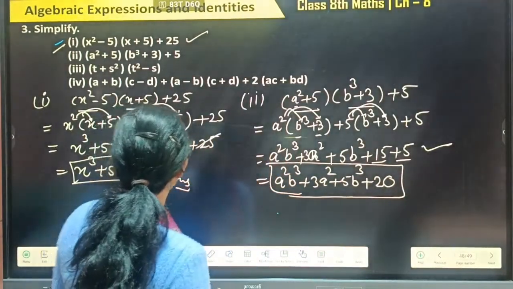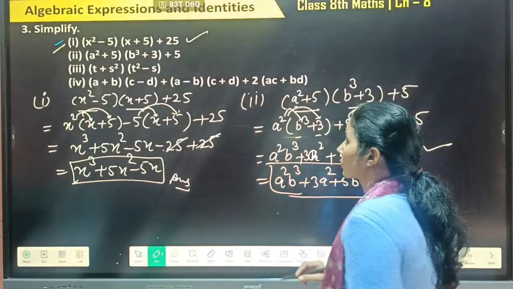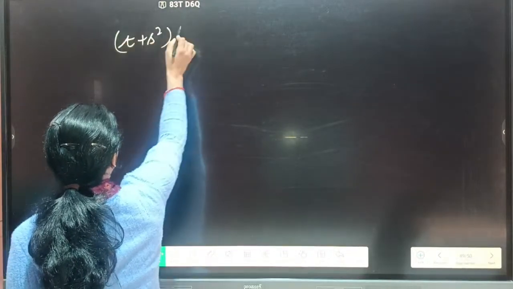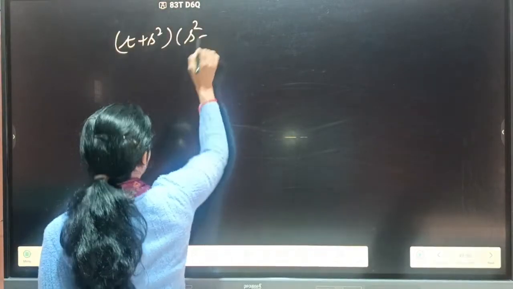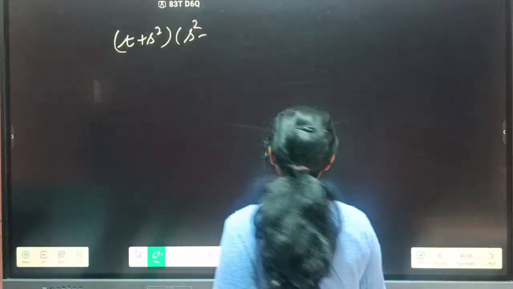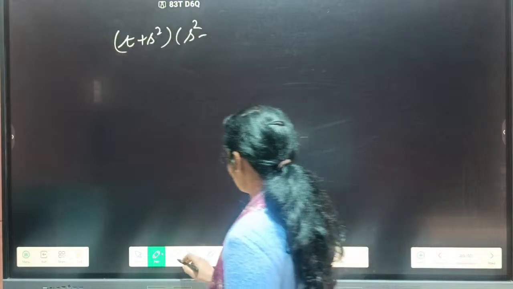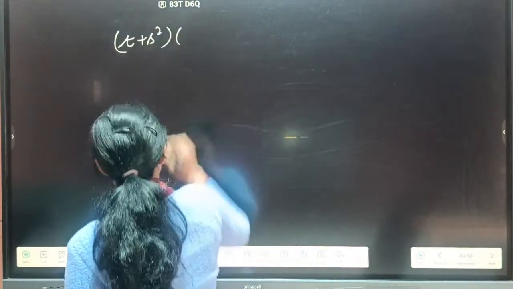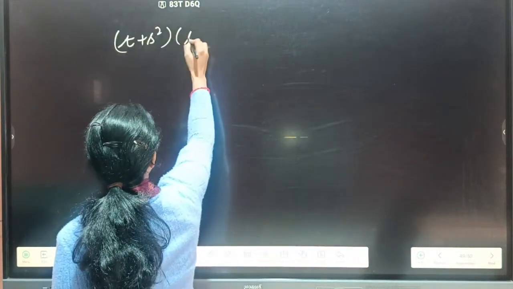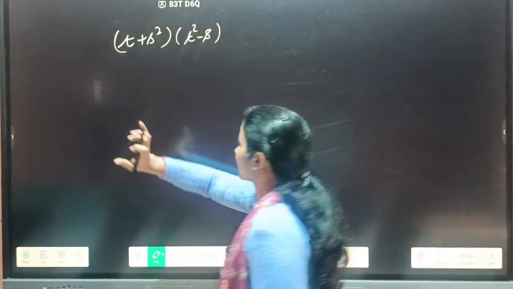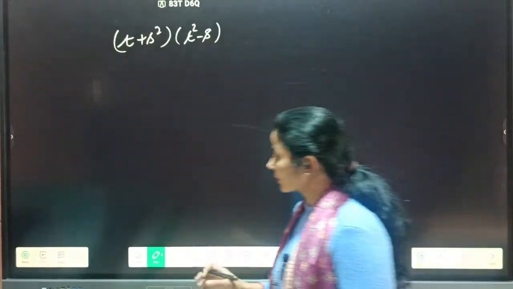Let us see what is third part. (t + s²)(t² − s). These two binomials I have to multiply. Now multiplication is same.